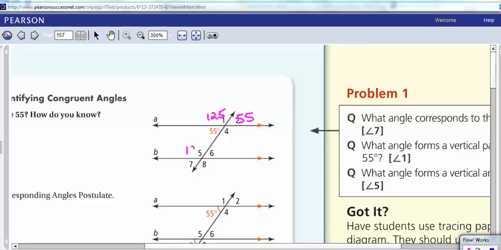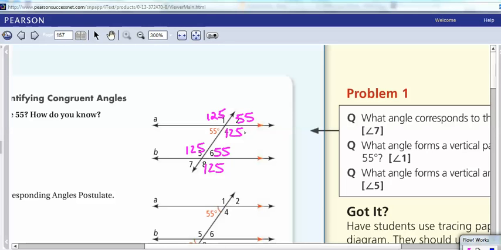Good. Mike, why? Good. Let's see. So this, Katri. Why? Good. This, Chantrella. Why? Okay, it corresponds to this one up here, doesn't it? And it's an alternate interior with the given angle. Right here, angle 8, Catherine. Why?